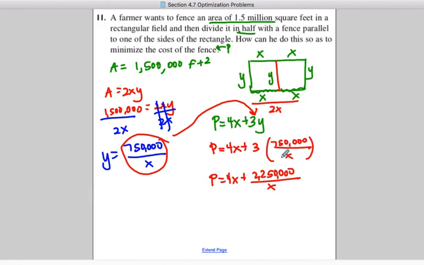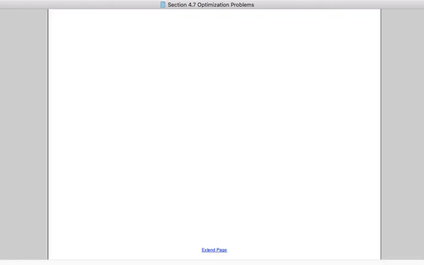And then in order to take the derivative of this, we take our x, bring it up, so we'd rewrite it with a negative exponent. Take your derivative, set it equal to 0, solve for x. Okay, so that is how you set up number 11, and then I think that's it.